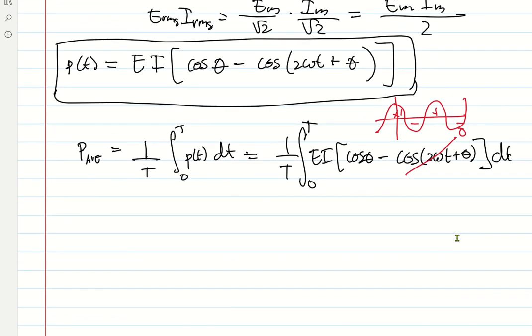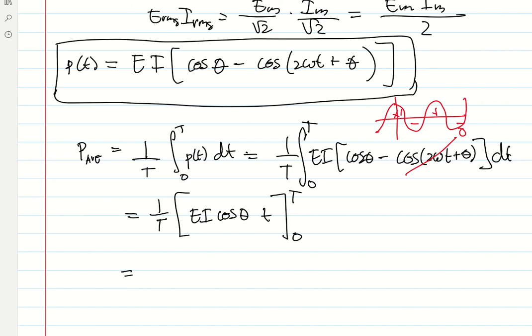So we have the integral of 1 over t, times E I cosine theta. So this is a constant. Then the integral of dt is just equal to t. Then we apply our limit from 0 to t.